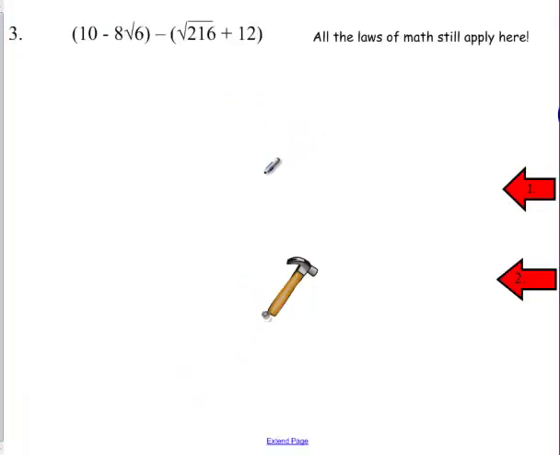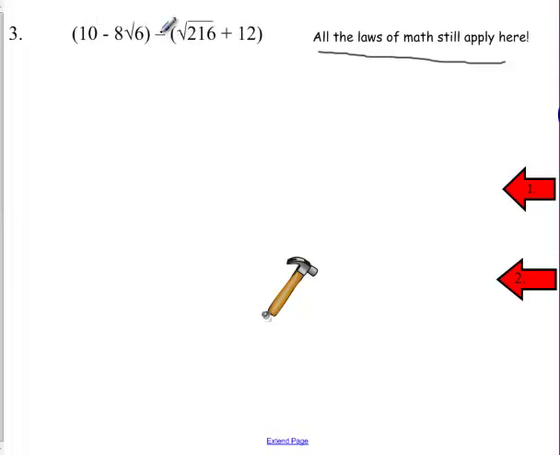All right. All the laws of math still apply here. So in other words, they are asking us to subtract these two numbers. Well, the first thing I'm going to do is distribute.